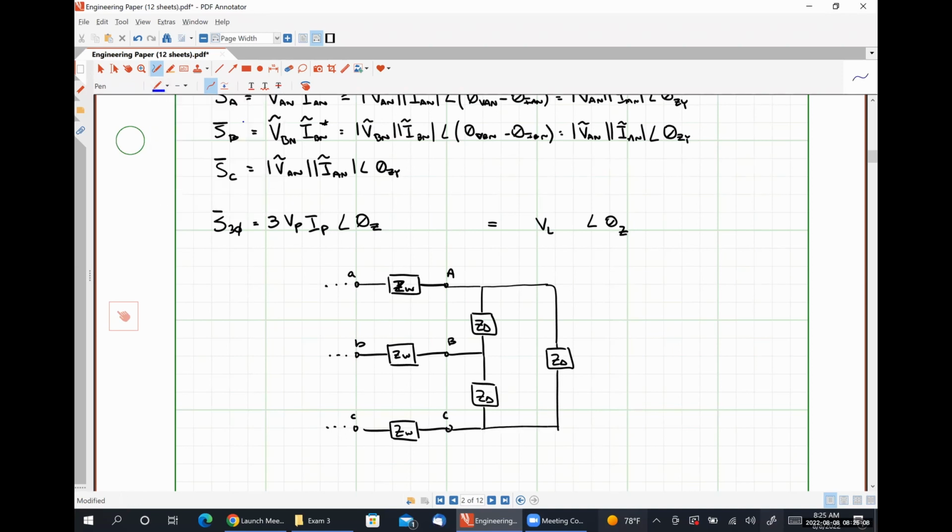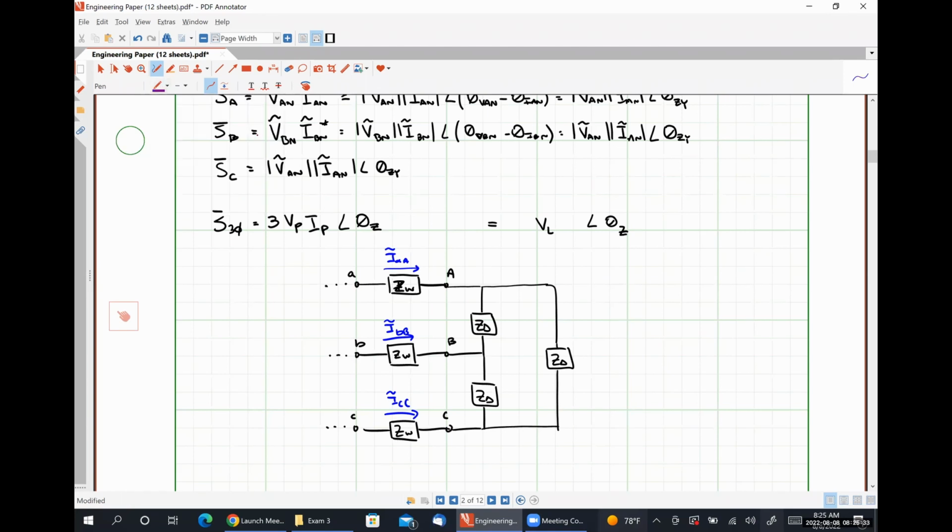So our line currents are IAA, IBB, and ICC.